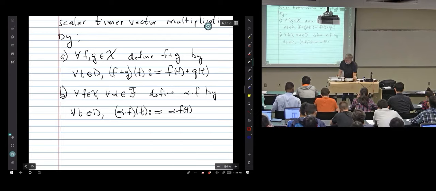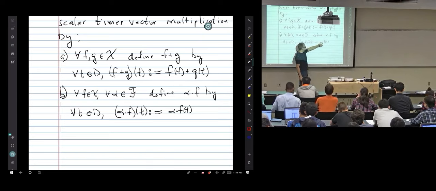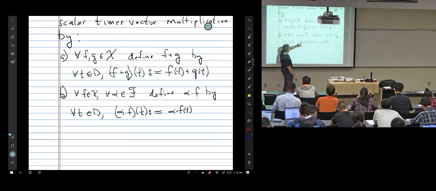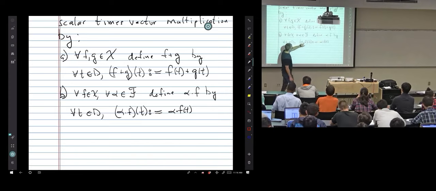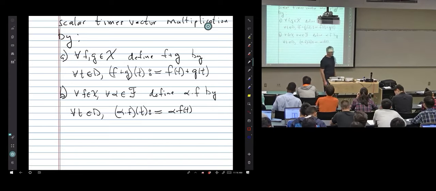Okay? It's the product of real numbers. We know what this multiplication sign means because f of t is a real, alpha is a real, and that's the product of real numbers. And now I've told you what is the product of a function by this, okay?